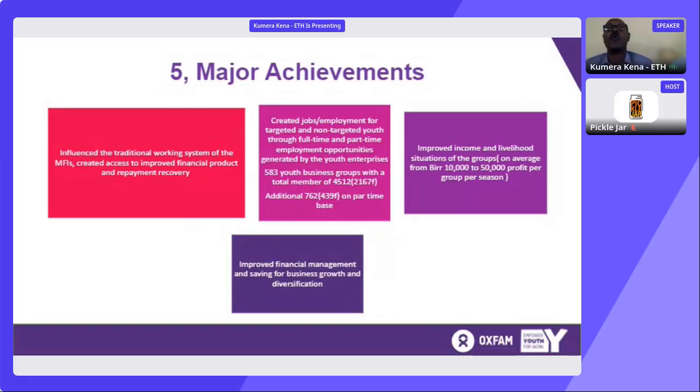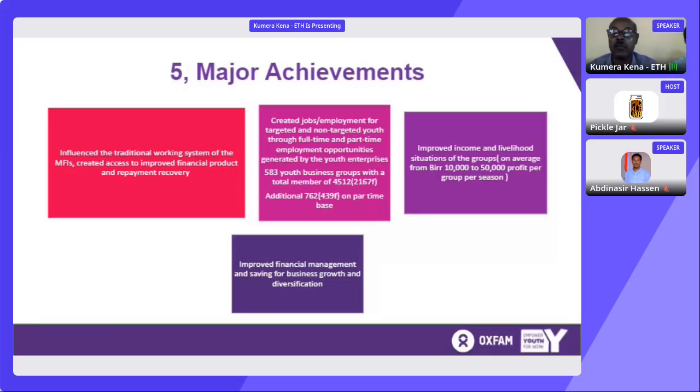They are on average gaining a profit of about 50,000 Ethiopian birr per business round or business cycle. At least they conduct the business twice a year, and in one cycle, on average, each business group will gain this income or profit. They have also improved financial management and their saving culture, and they are diversifying their business.